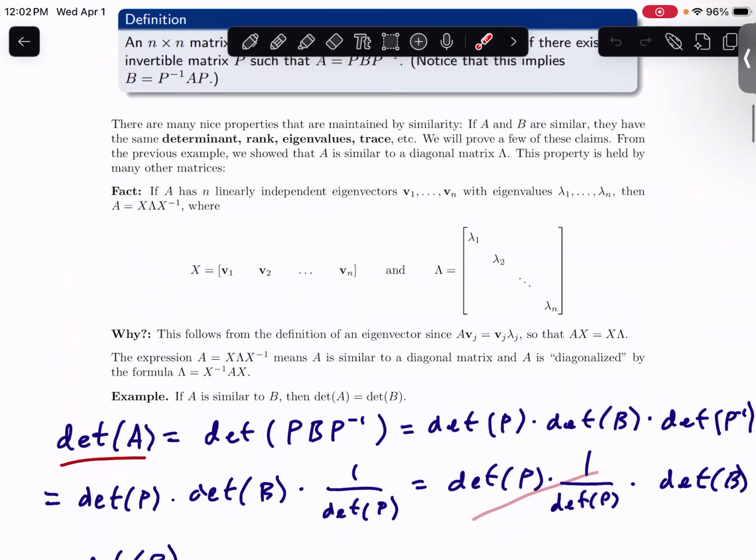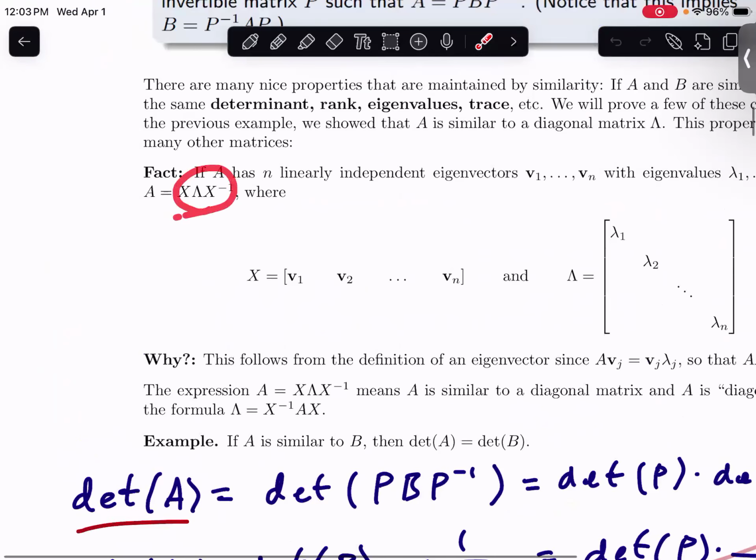And so what we found, this is the main takeaway from Monday's class, is that if we have a matrix A that has n linearly independent eigenvectors with eigenvalues given by lambda 1 to lambda n, then you're going to be able to express A as the following product. This is called a conjugation.